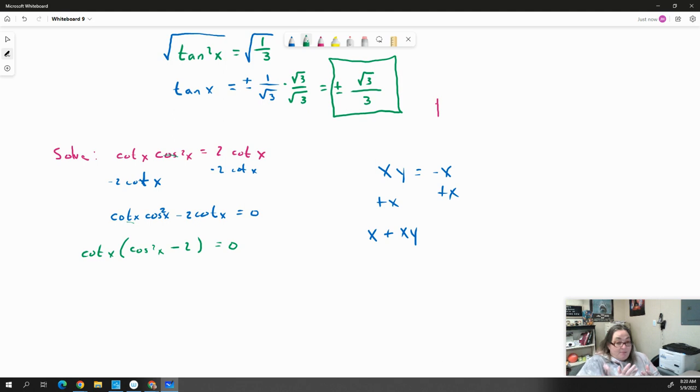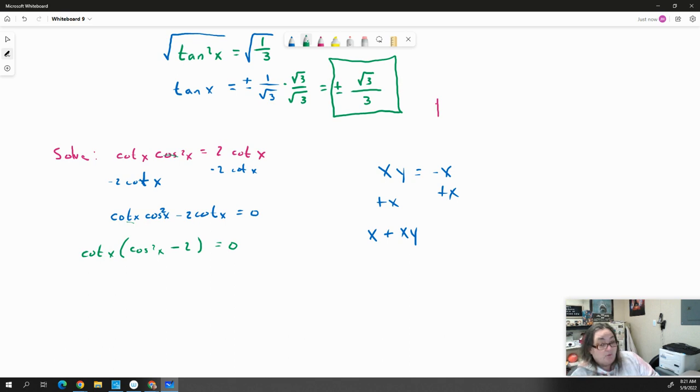When we look at a problem like this and they're set equal to 0, that means each piece equaling 0 would give us a valid solution, just like when we were doing quadratics. Because as long as one of the things being multiplied is 0, the whole answer is 0.